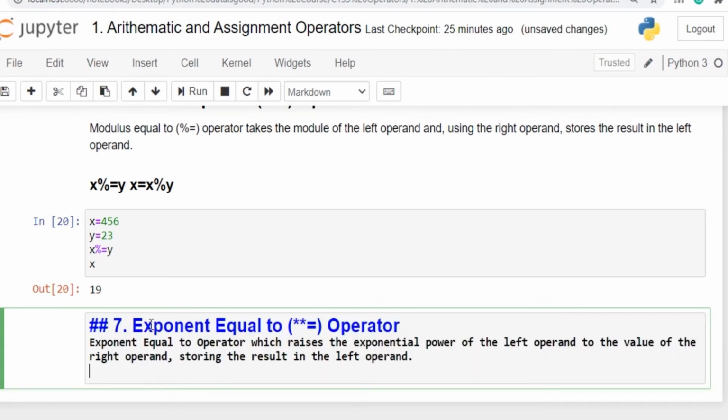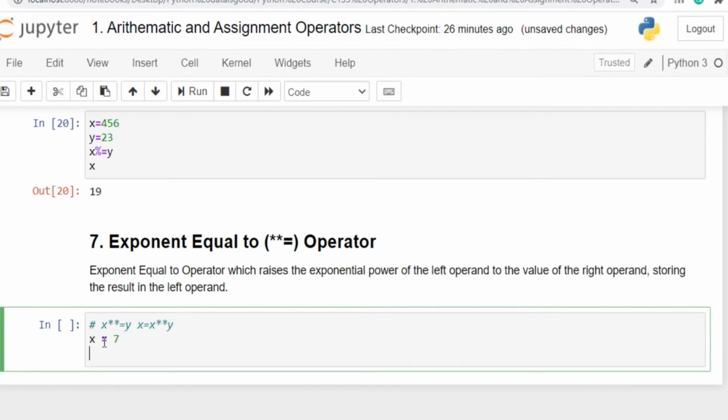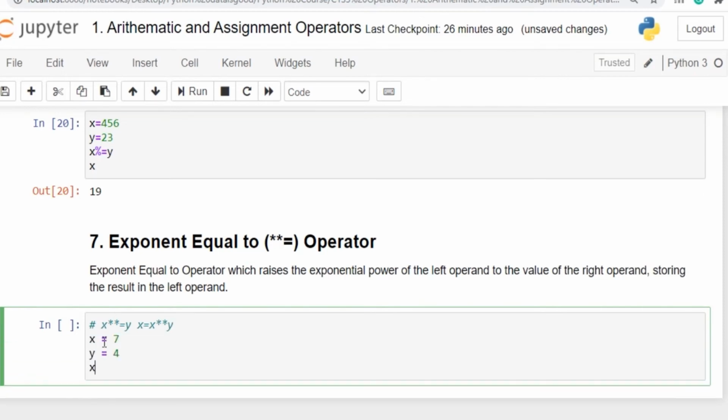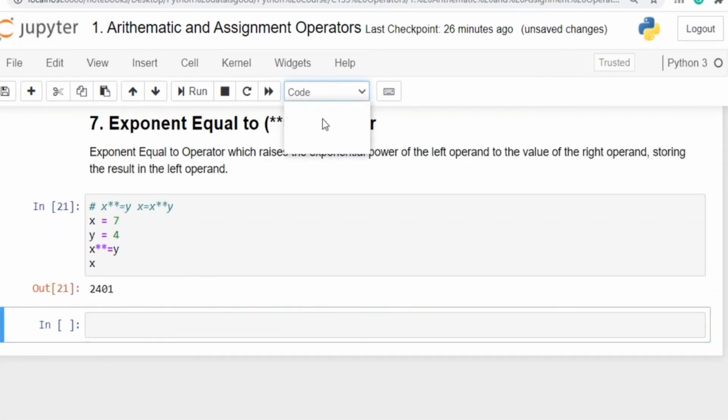Then we have the exponent equal to operator, which raises the left operand to the power of the right operand, storing the result in the left operand. For example, x exponent equals y means x equals x exponent y. So, if we have x equals 7 and y equals 4, then x exponent equals y would be 7 to the power 4, which is equal to 2401.